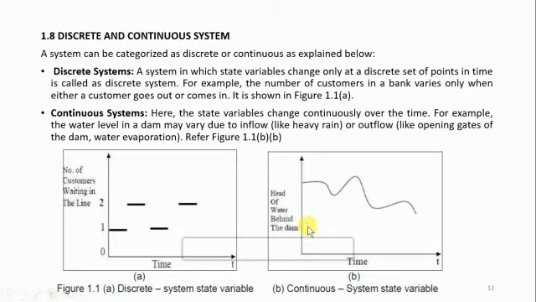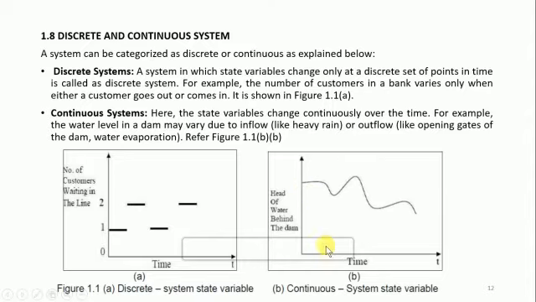But when I come here to continuous, as the time is going on, also the head of the water behind the dam is changing. At zero, at the start, the head of the water behind the dam was at this level.